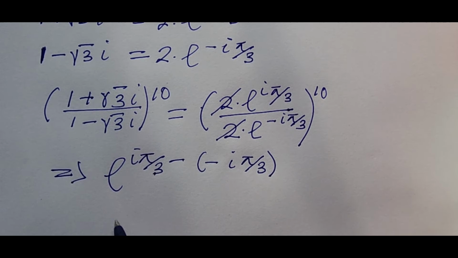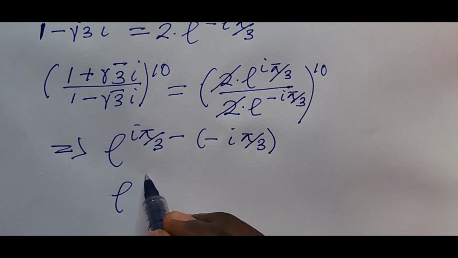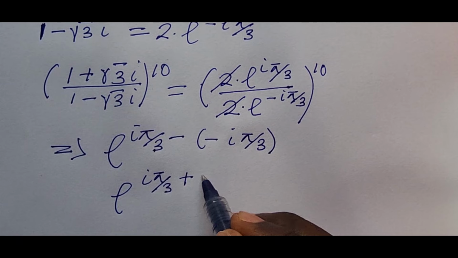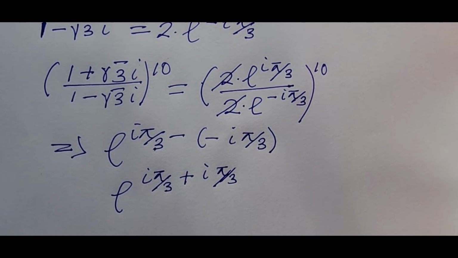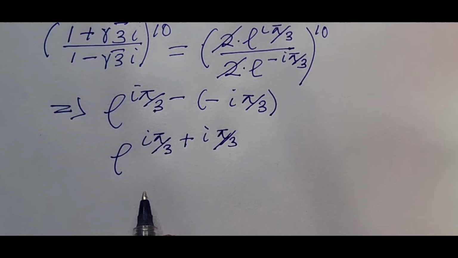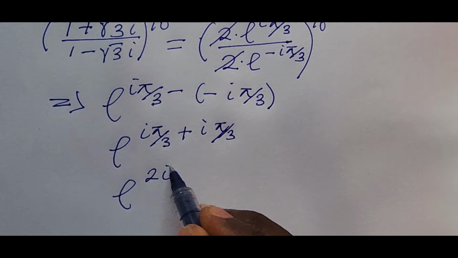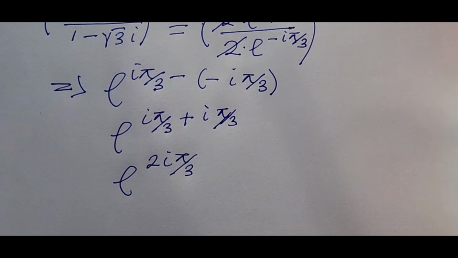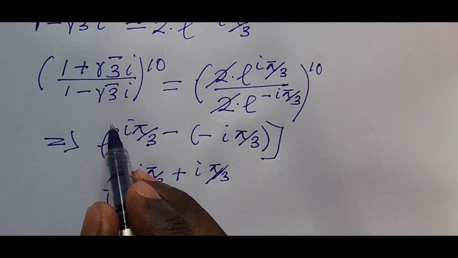And so if we simplify, this is going to give us e to the power of iota pi all over 3 plus iota pi all over 3. So we can add these two together. If we do this, this is going to give us e to the power of 2 iota pi all over 3.